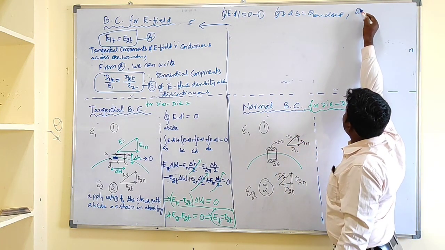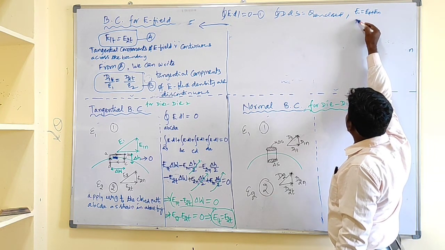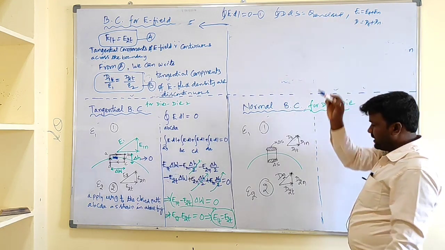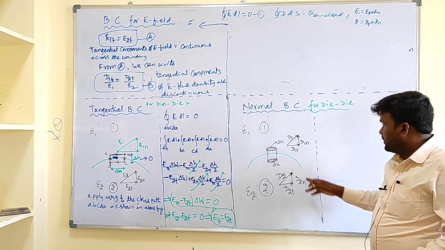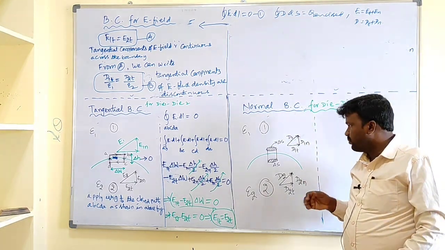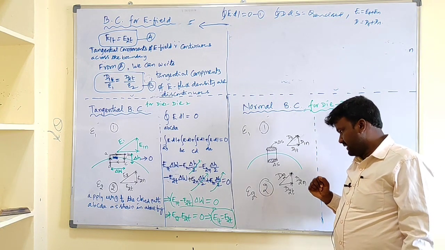The field component E can be decomposed into tangential and normal, and D can be decomposed into two orthogonal components, tangential and normal. That is, D1 is decomposed as D1t and D1n.